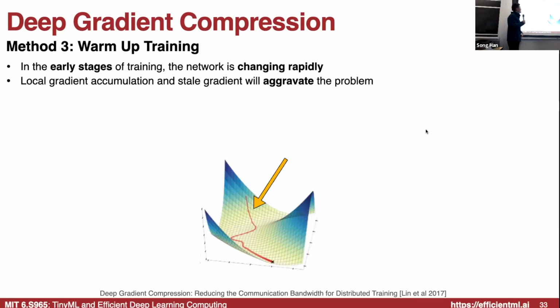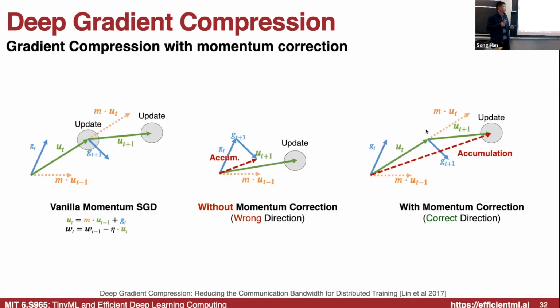So the third technique for gradient compression. You get a velocity after all the gradients are averaged from the center node.